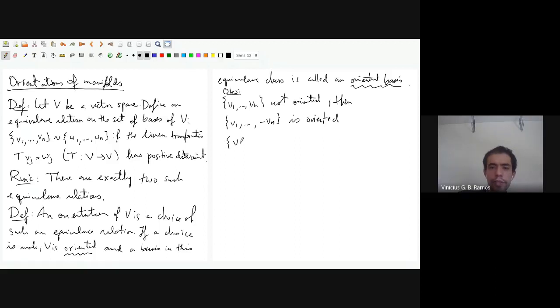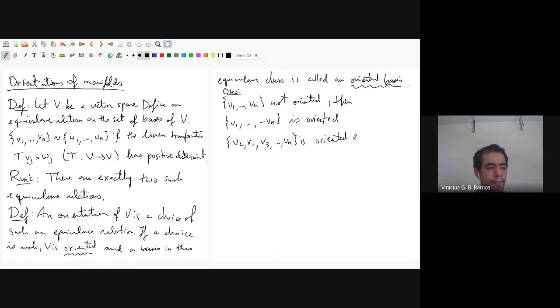If you switch V2 with V1 and keep the other ones, this is also oriented. Any odd permutation will do that, or if you change the sign an odd number of times.